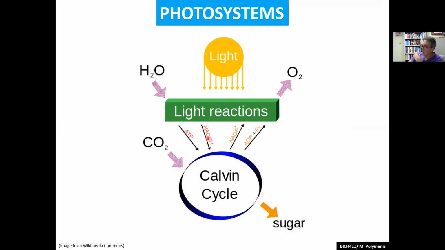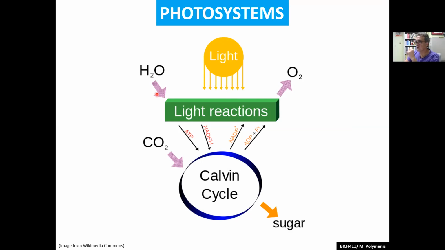But in the process, as you can guess already, they're going to trigger some localization of protons into one compartment of a membrane versus the other, and that will then be able to drive ATP synthesis. Now, a byproduct of this splitting of water is the generation of oxygen from the light reactions.